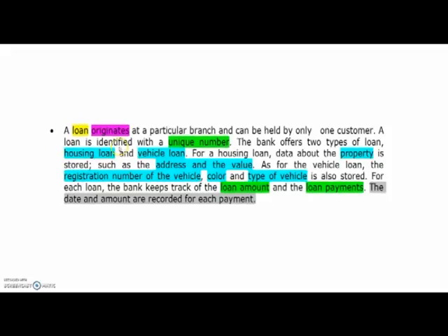So in the paragraph, it said a loan originated at a particular branch, which means a branch is originated by a loan, and it can be held by only one customer, which means that customer has a chance to have a loan.